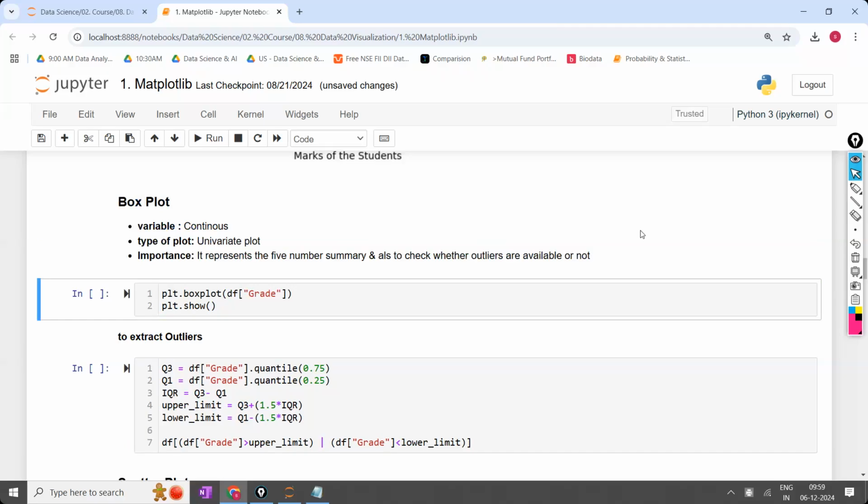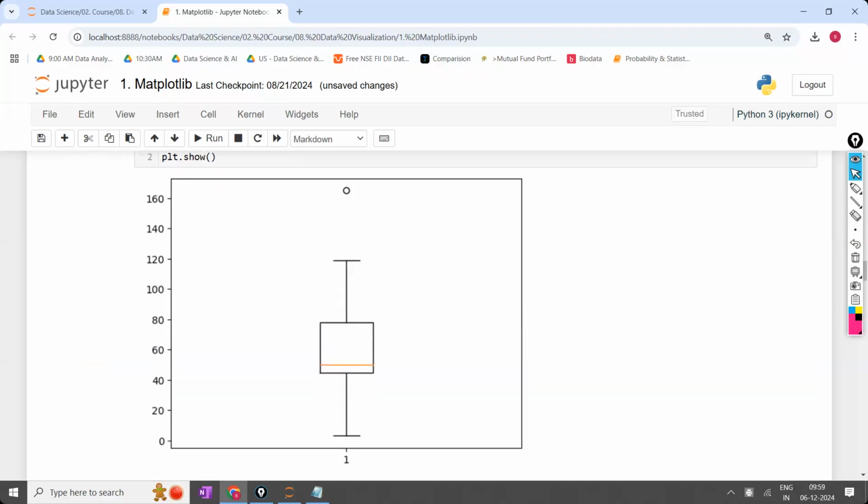Is the point clear? That is the importance of box plot. So it is going to show you the 5 number summary like this, where this is the minimum value, this is the Q1 value, this is the Q2 value, this is the Q3 value, this is the maximum value and the outlier.